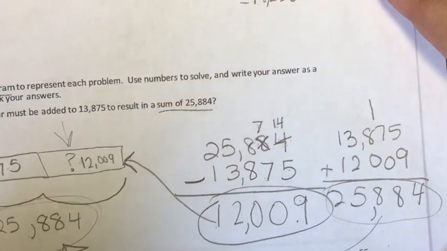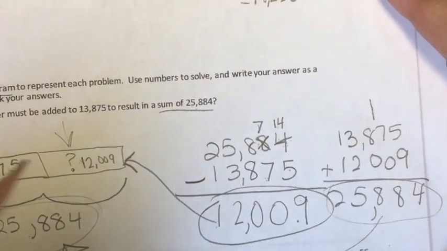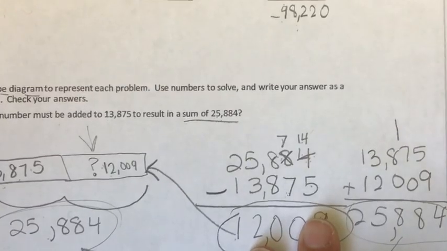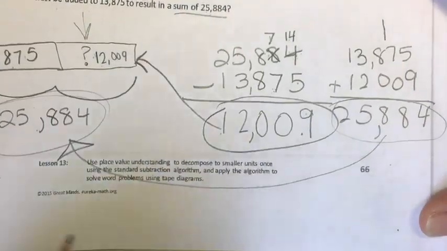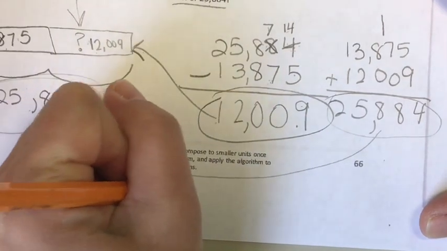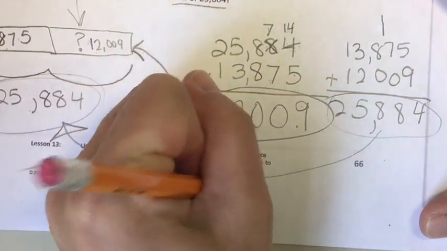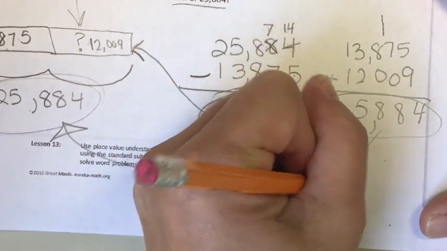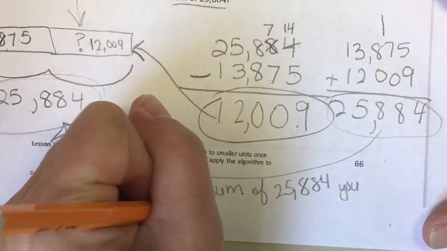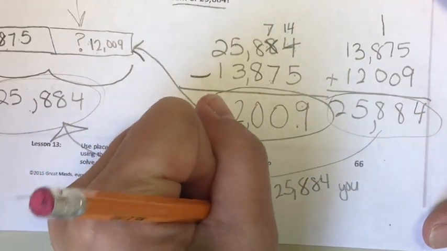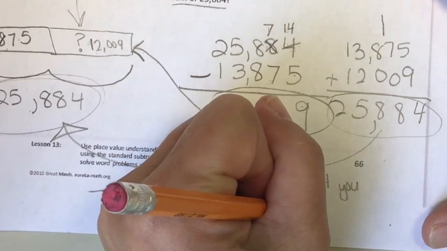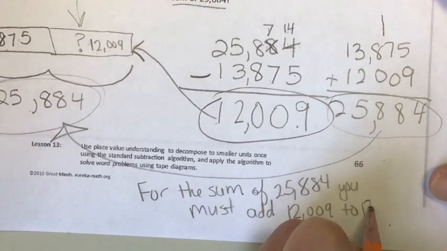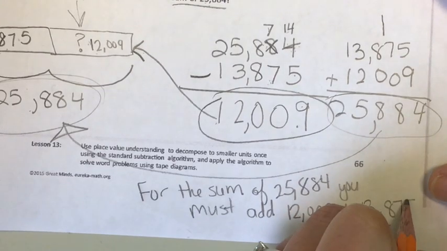So now remember, I have to write in a statement. I'm going to say, for the sum of 25,884, you must add 12,009 to 13,875.